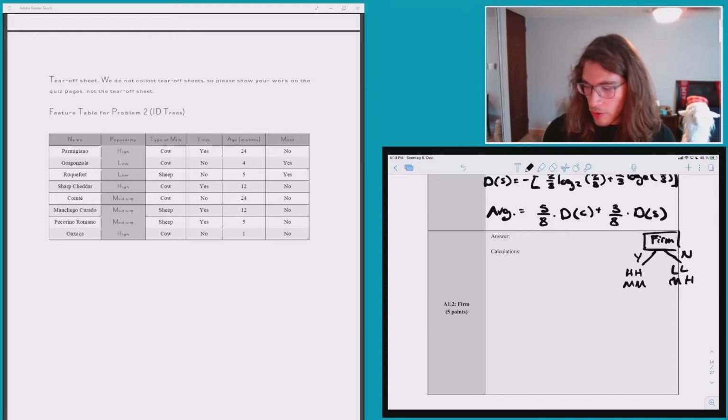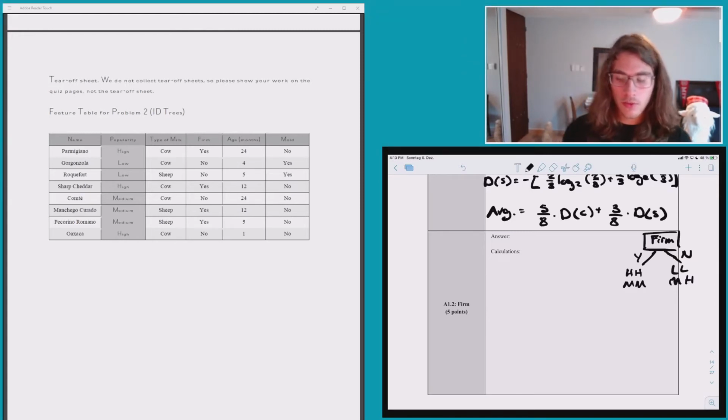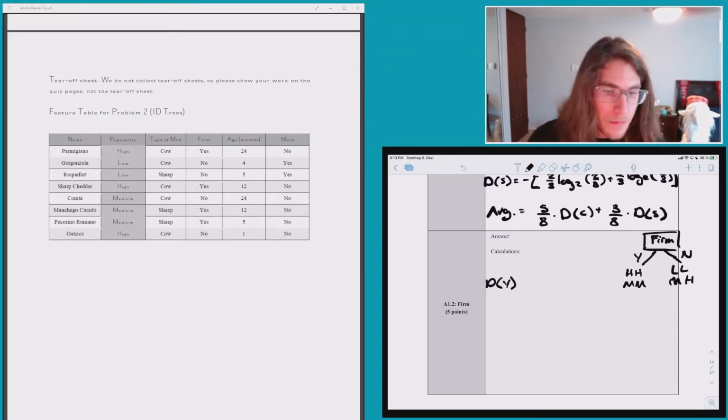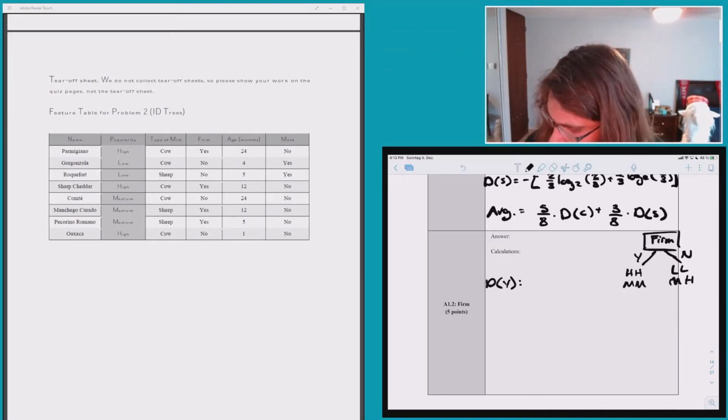So that's why I'm going to calculate the disorder for yes, but when I see a half and half split down a classification, I tend to think this is completely fully disordered, so it has a disorder of 1. But it's important to verify this with the numbers. Okay, so let me start applying the formula.